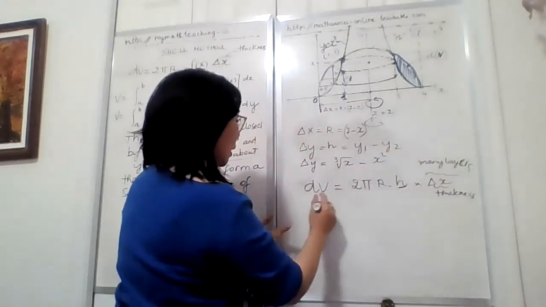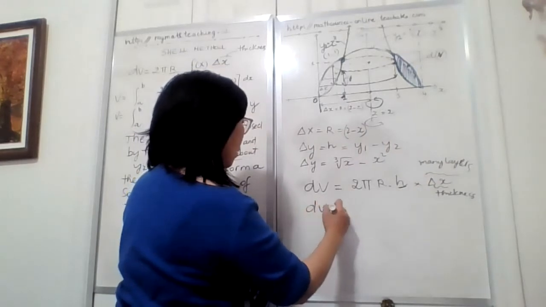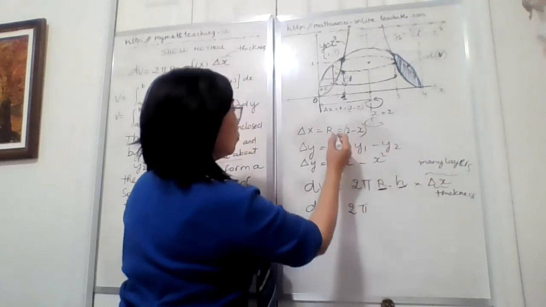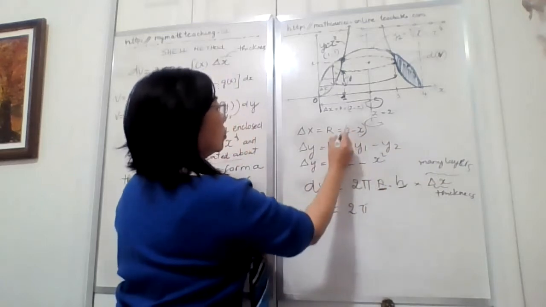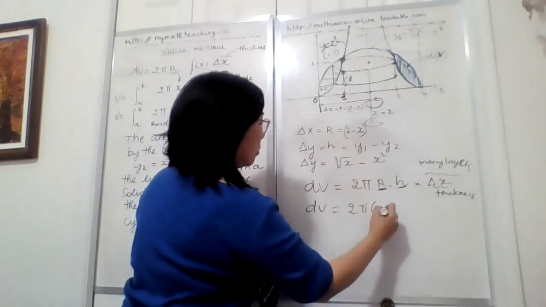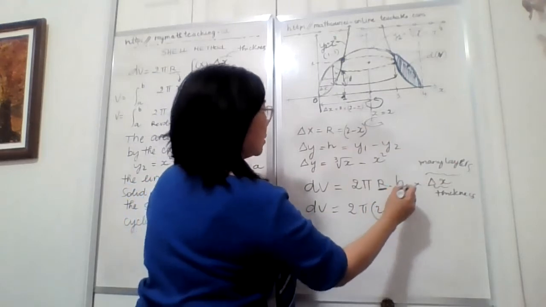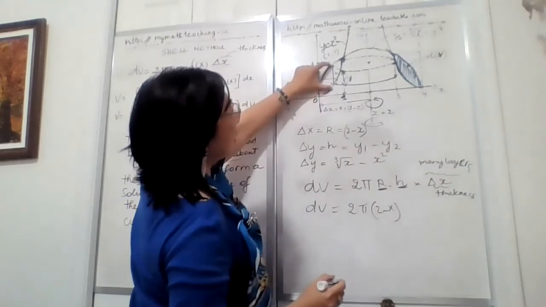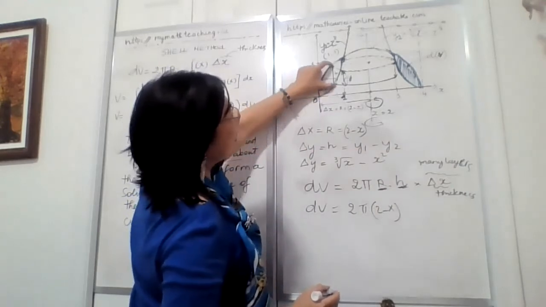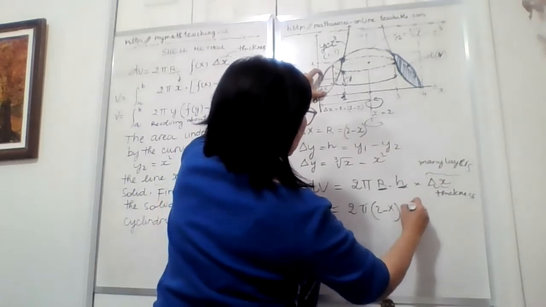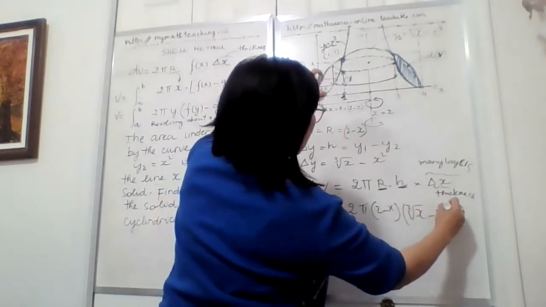So now we'll substitute one by one. 2 is still 2, pi is still pi. The r here will be substituted by 2 minus x, so times 2 minus x. The h here will be substituted by the height, the difference between these two curves, which is the root of x minus x squared.